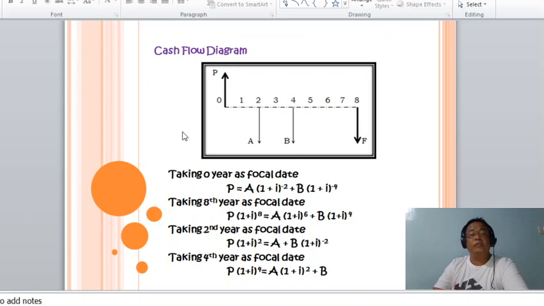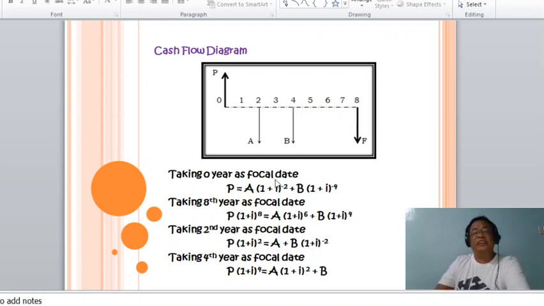Last consideration: taking year 4 as the focal date. Again, we are going to bring the future amount of P at the end of 4 years, which is P multiplied by the factor (1+i) raised to 4, equal to A multiplied by (1+i) raised to 2, since from A to B that is 2 years, plus B. So, summation of forces vertical is equal to 0.